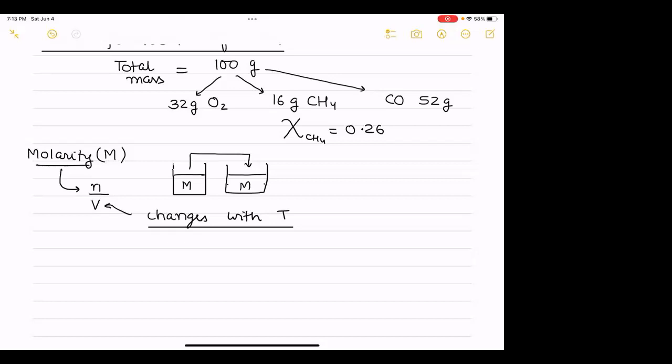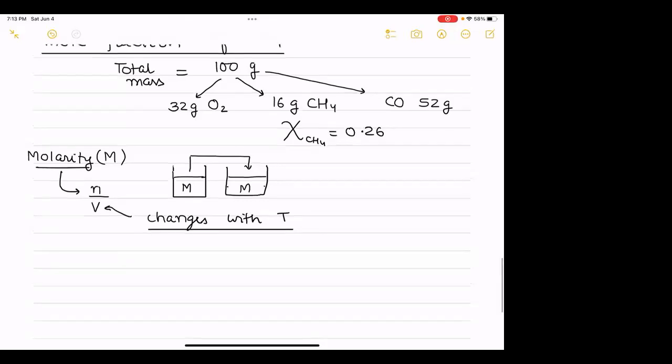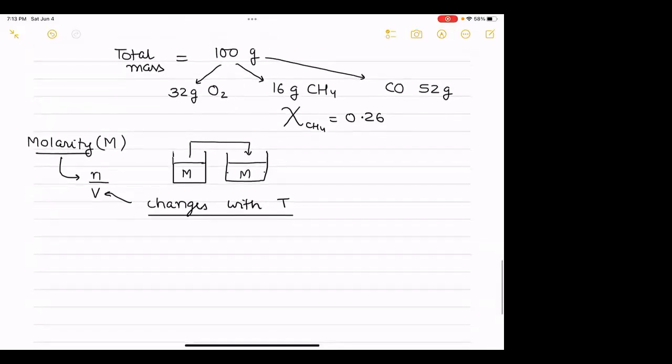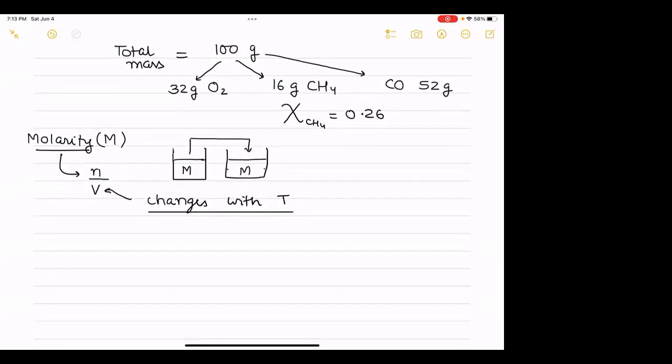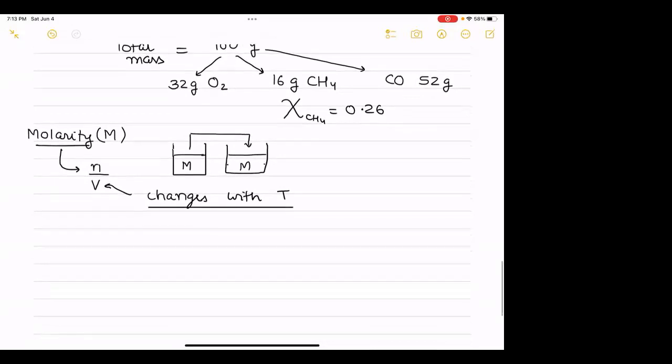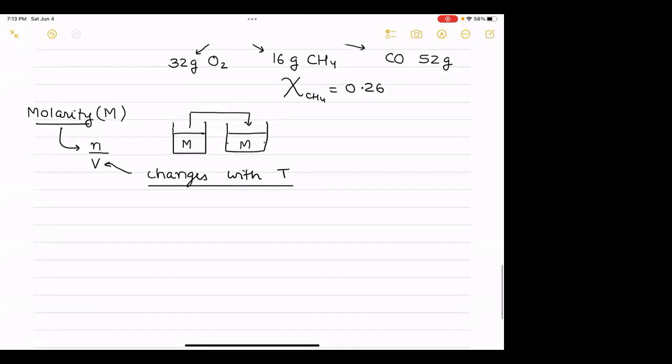Okay. So what is the formula which relates the molarity on mixing of two solutions? That you know? Yeah, tell me. Suppose you have a solution which has molarity M1 and volume V1. Okay.